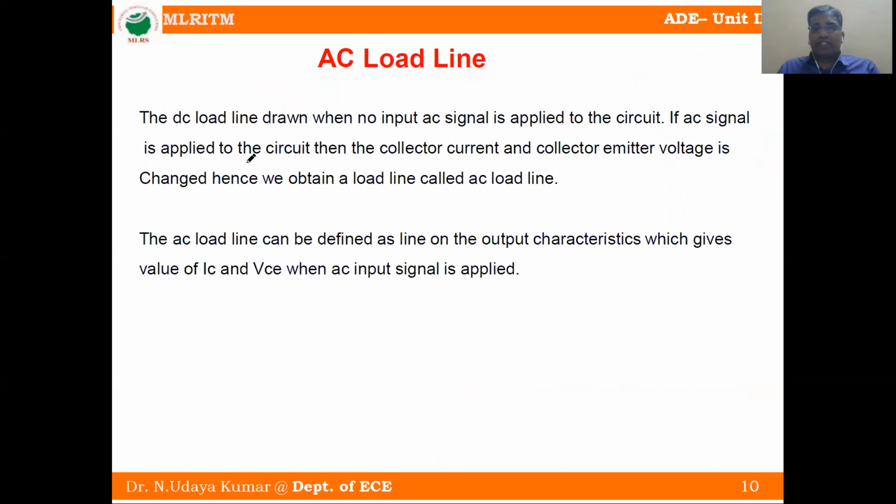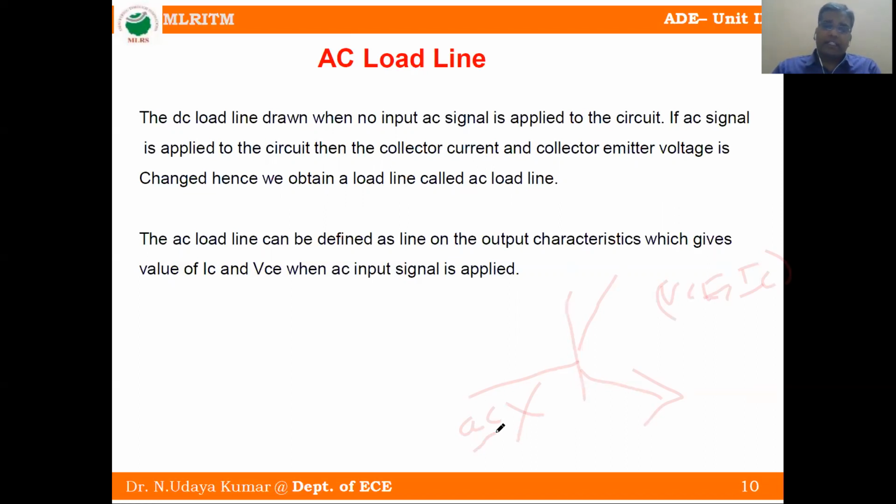When no AC signal is given to the transistor, we find the voltage VCE comma IC, which we call the operating point. That line is called the DC load line.